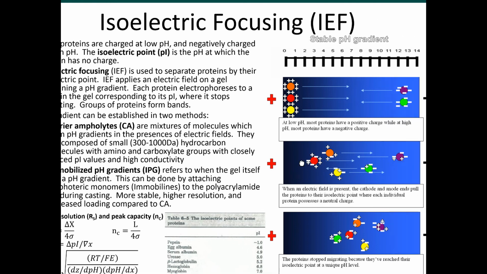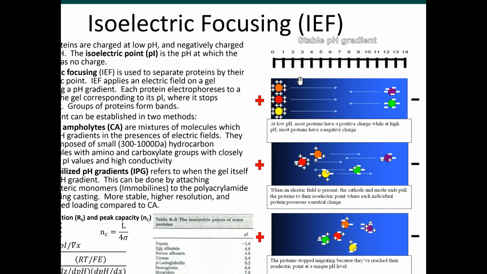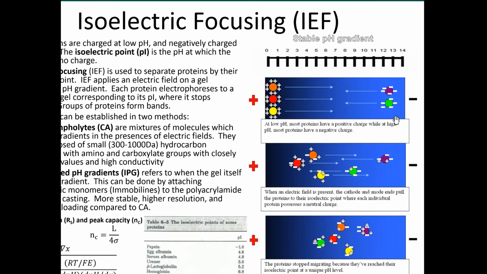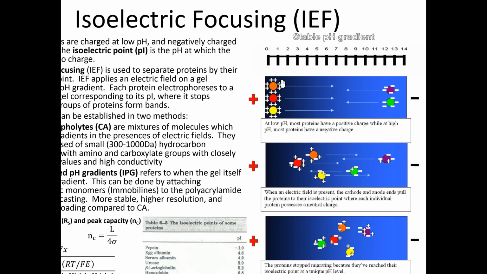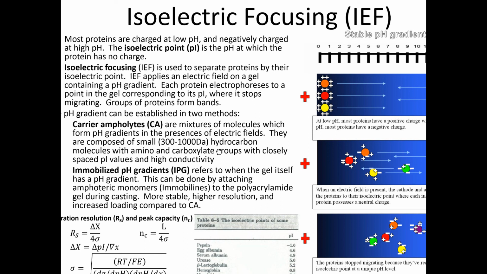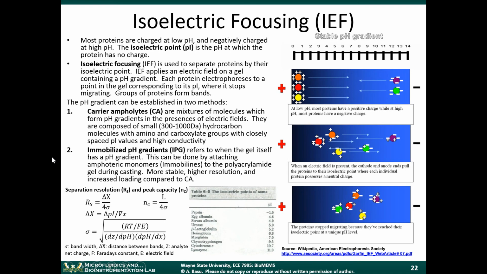There's a gel here that has different pHs at different points. There's a pH gradient that's established across the gel. So this end of the gel is acidic, and this end of the gel is alkaline, and the pH goes from 0 to 14 as we go from left to right. One way to create those gels is by using something called carrier ampholytes.